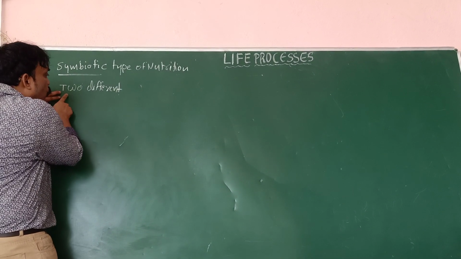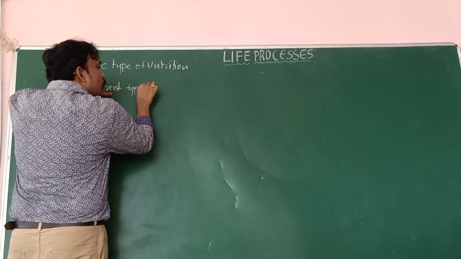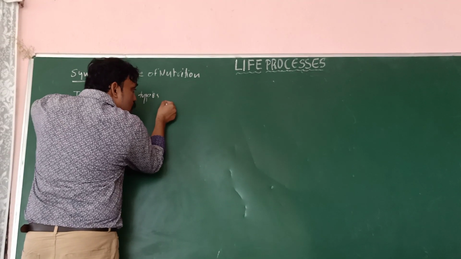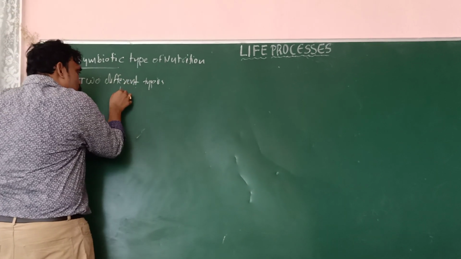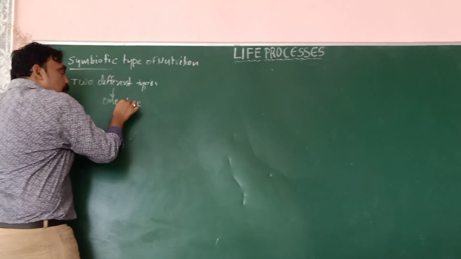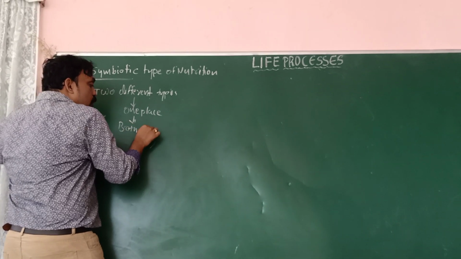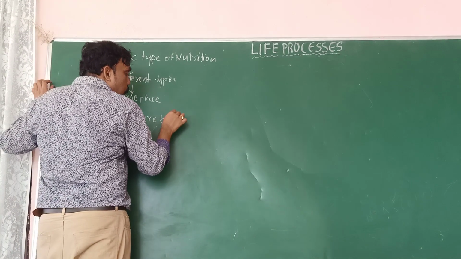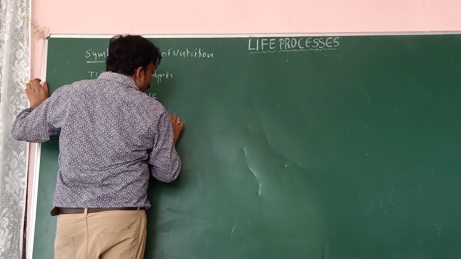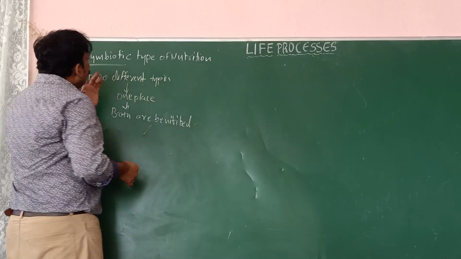That means two different types of species or living organisms living in one place, living together, and both are benefited. This is called symbiosis.